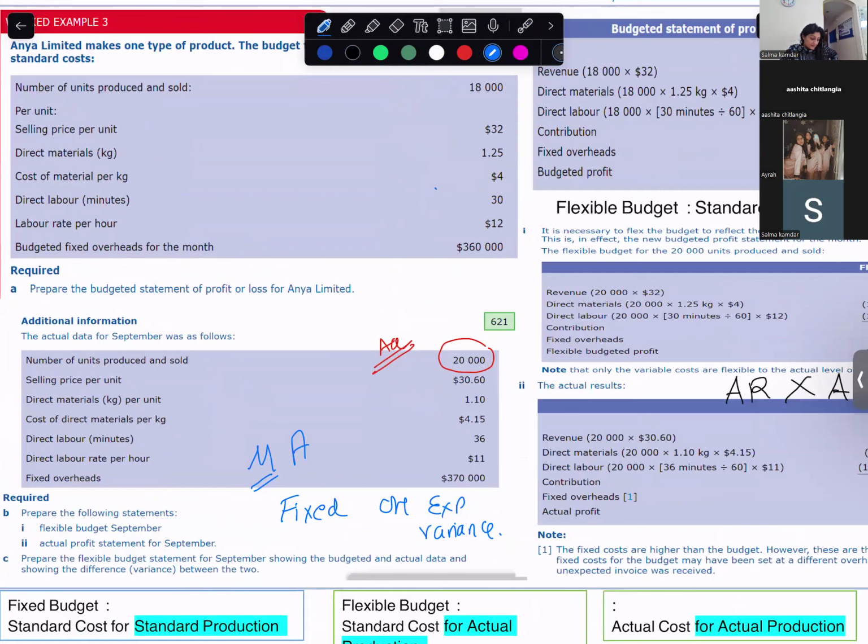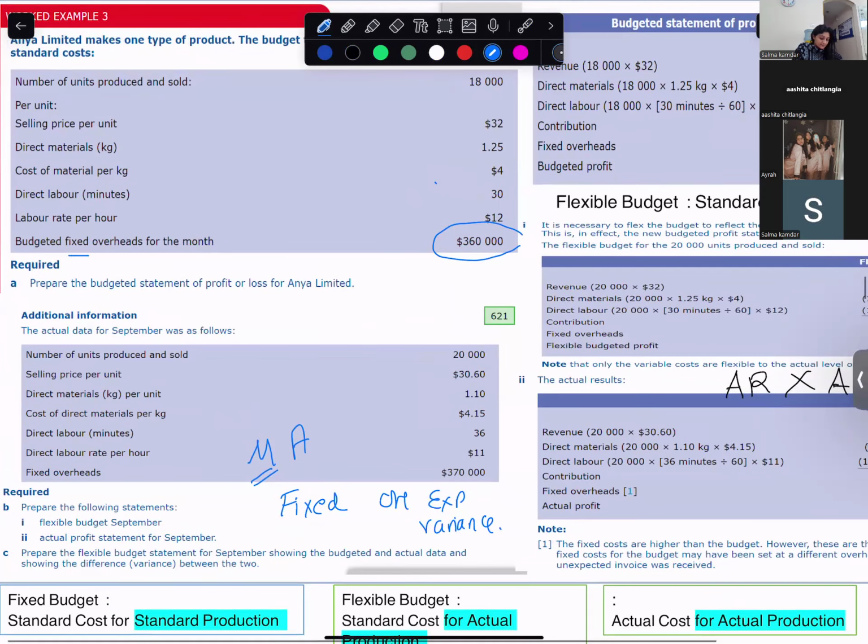198,000? Where did you get 198,000? What is fixed overheads? Sorry, fixed overhead will be 360,000. So fixed overheads as per master budget is 360,000. Are you with me? Can you tell me the fixed overhead as per actual budget? 370,000.